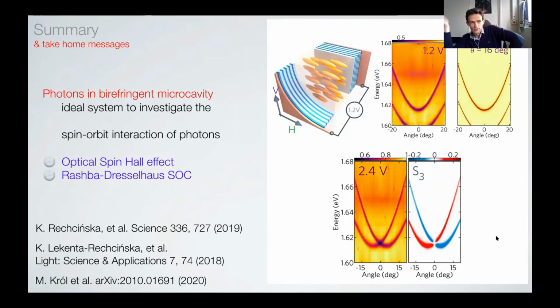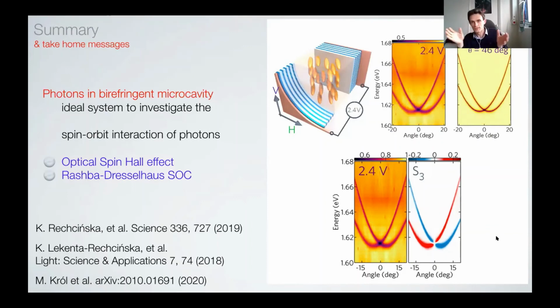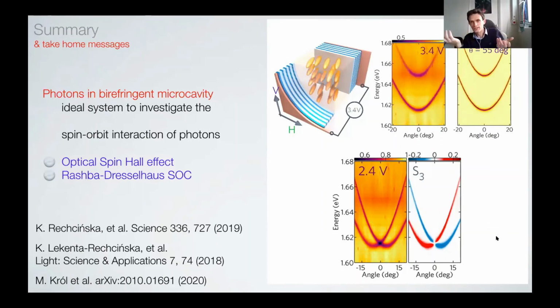I would like to ask if you can explain qualitatively and briefly your understanding of how it happens that in a microcavity with purely linear splittings, birefringent materials, you have circularly polarized modes in the end, because at least at some non-zero wave vectors, you observe some circular polarization. So how does it happen qualitatively from your point of view?